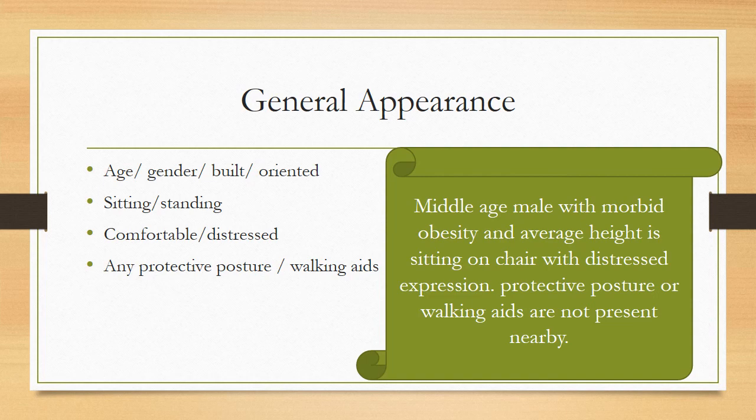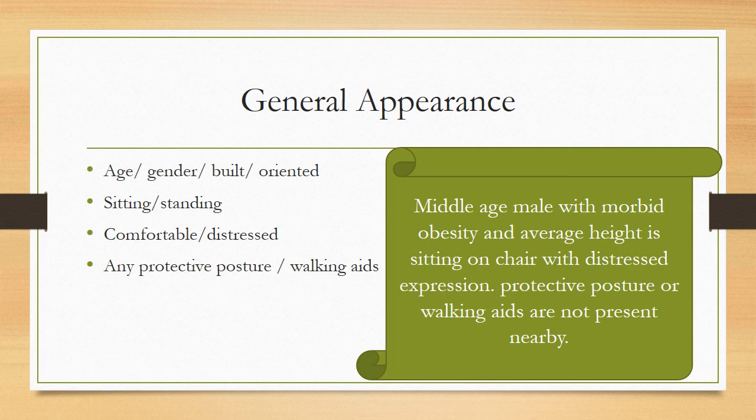Next, we have to comment on the general appearance of the patient: their age, gender, build, if they're oriented in time, place, person or not, if they're sitting or standing, if they are comfortable or distressed due to pain, if they're using any protective posture or walking aids. Again, I have shown you a small example: a middle-aged male with morbid obesity and average height is sitting on a chair with a distressed expression.